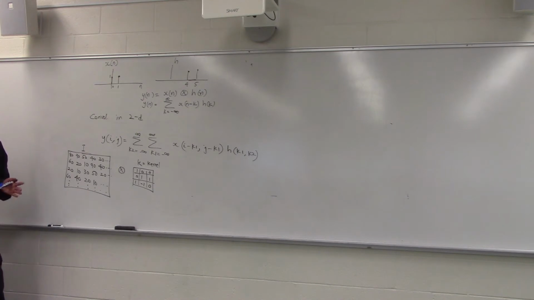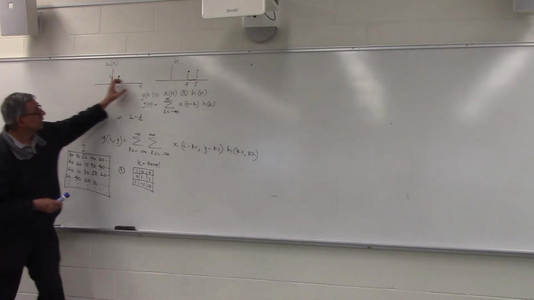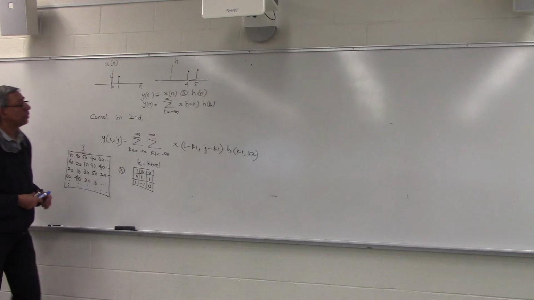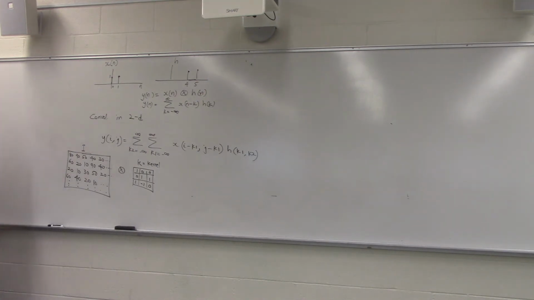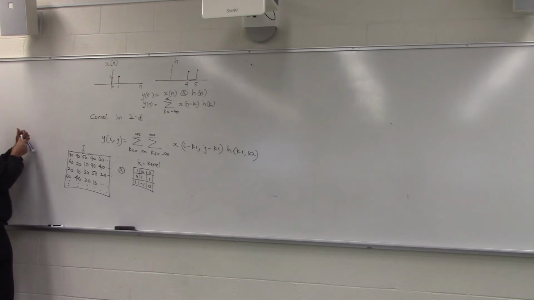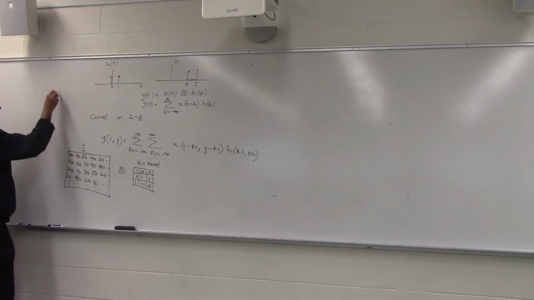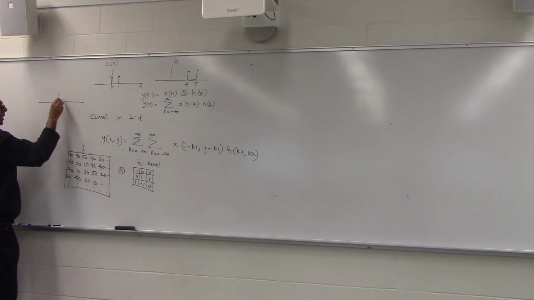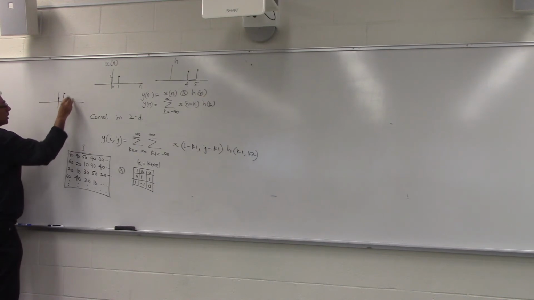So once again, just like we were flipping, sliding, multiplying, and accumulating, exact same thing we'll do in 2 dimensions. Okay. Now it was very easy to see in 1 dimension how the flip works. So for example, if I'm given a signal, let's say 1, 2, 1, and let's say 3.